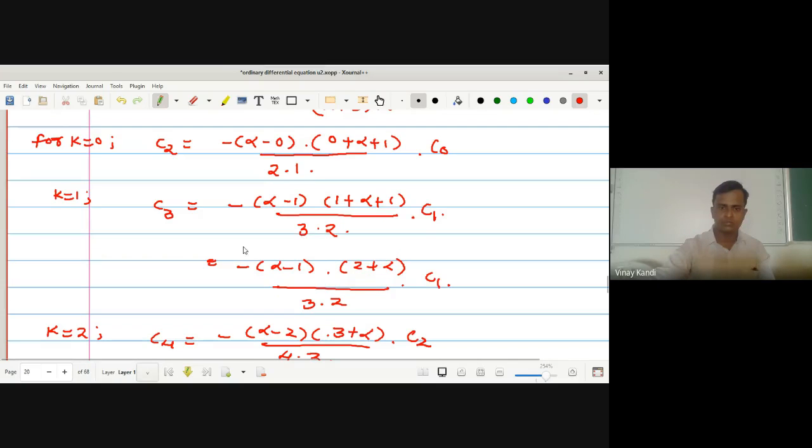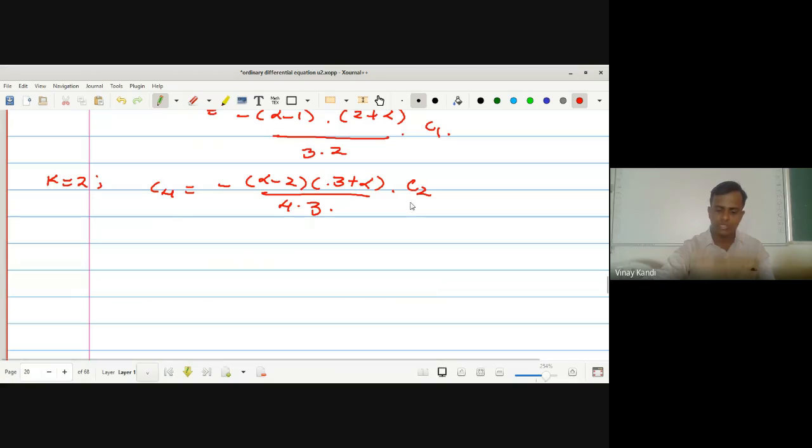But what is the value of C2? Alpha minus 0 is alpha. Directly, alpha minus alpha into alpha plus 1. You can write directly here, alpha plus 1.